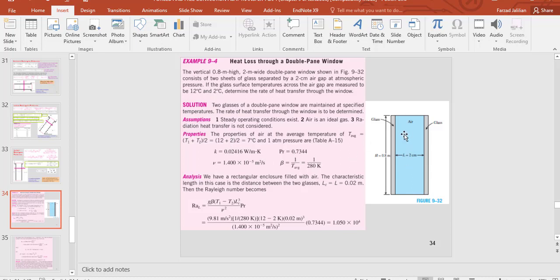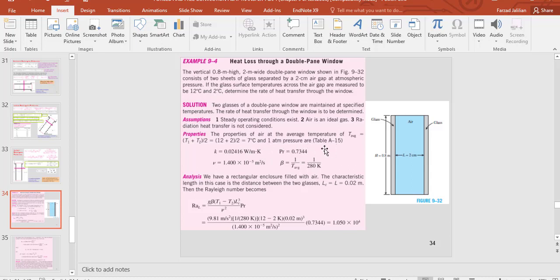Then first let's find the properties of the fluid, which is air. As I told you, usually for an enclosure we should use T average to find the characteristics of the fluid. Here the fluid is air. T average is (T1 plus T2) divided by 2, so (12 plus 2) divided by 2 is 7 degrees Celsius, and the pressure is also mentioned, 1 atmosphere.